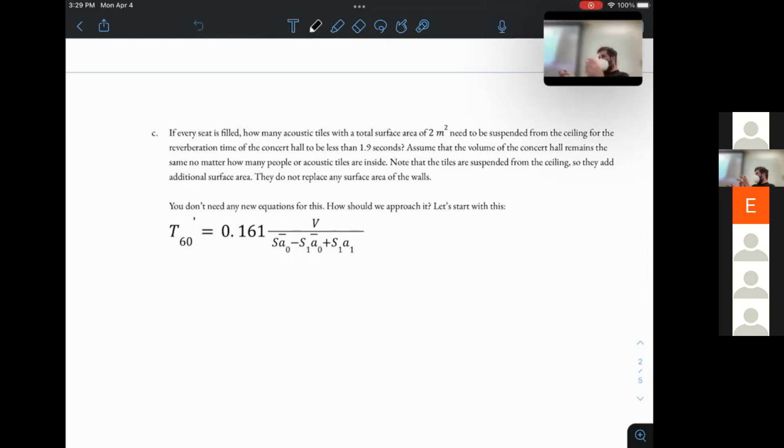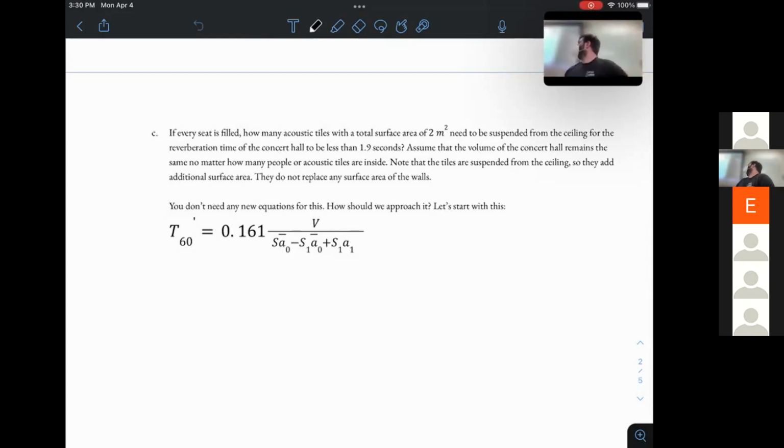I think that's what we're talking about. But the point is the volume is going to stay the same. The total surface area has become larger, so we're going to have this new component in there. They're not covering the ceiling. In this version of the problem, the sound waves can completely get around them and interact with the ceiling the same way they did before.